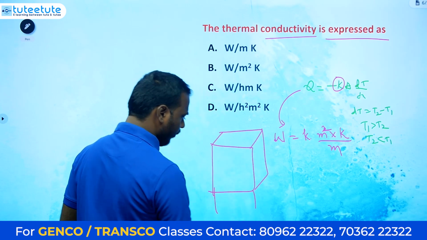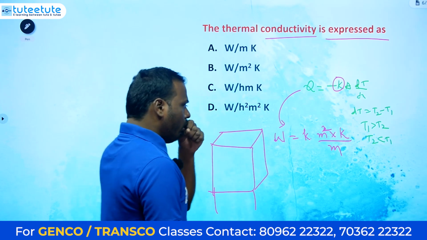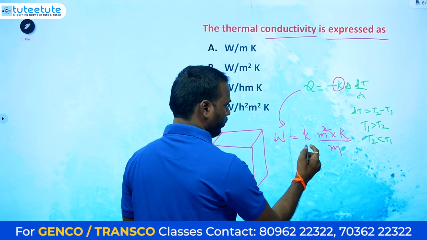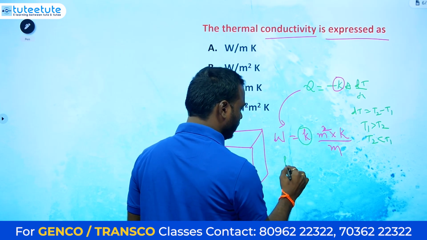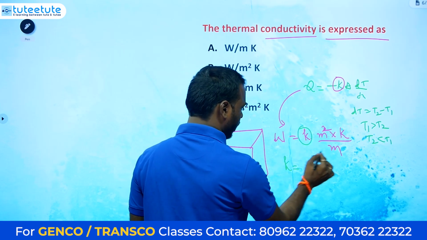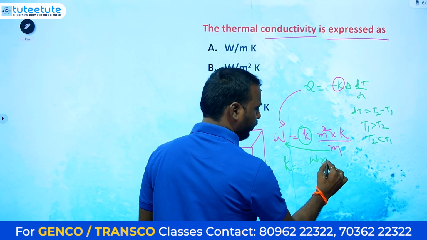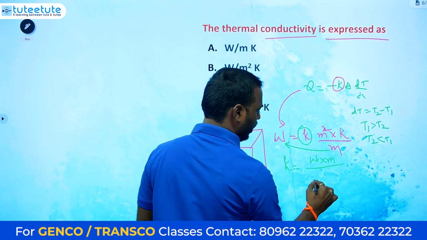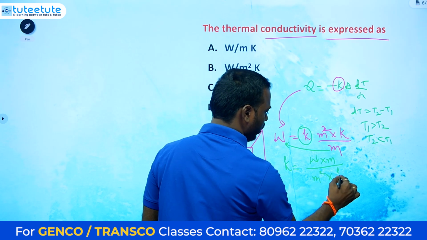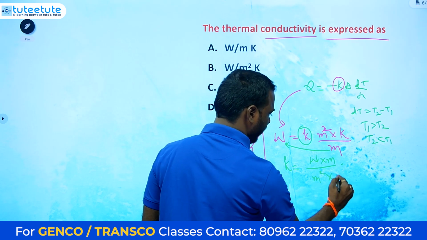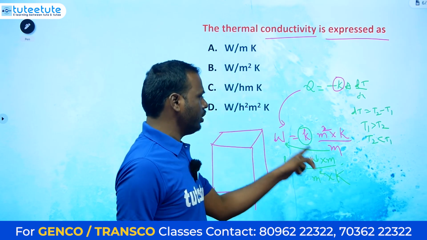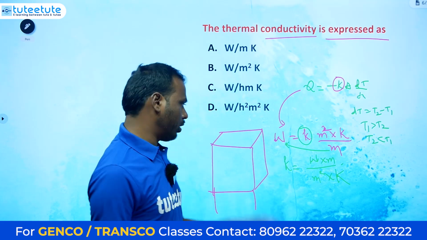Dx is from here to here, the length. So if we take this, K value is in terms of watt. I'm taking this to this side, watt into meter by meter square into Kelvin. Don't confuse, Kelvin is a capital letter, and the small k is the thermal conductivity.